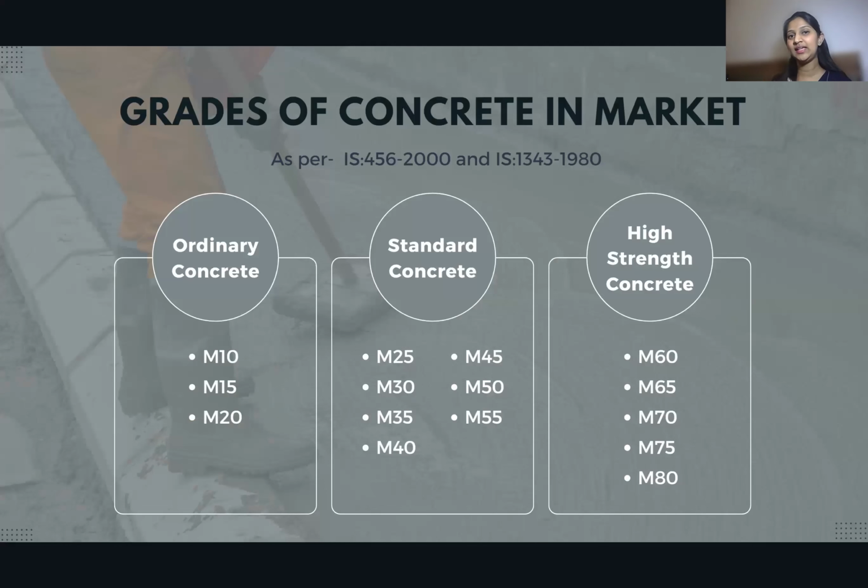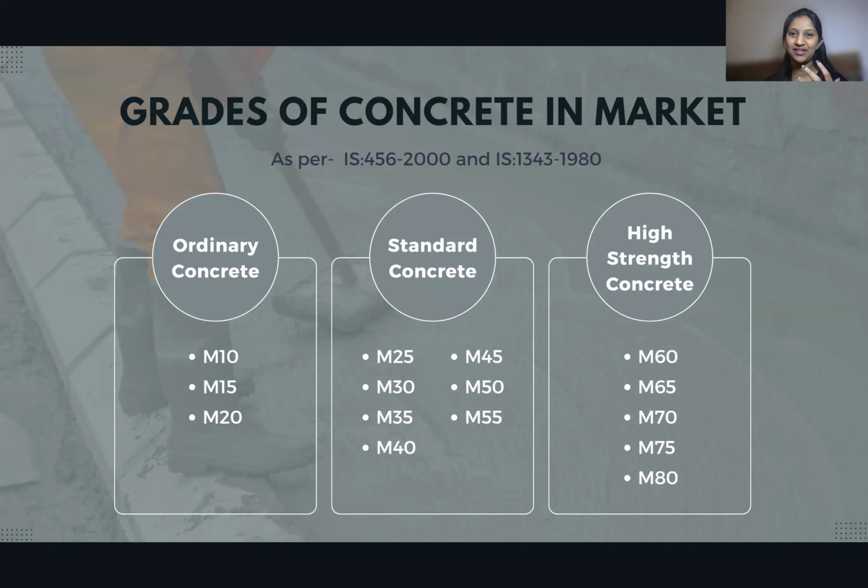So currently in the Indian market, we have all of these mentioned grades over here, starting from M10 till M80. How it has been bifurcated is, like you're seeing over here, into three major segments. Firstly, it is for ordinary concrete, where we have lesser compressive strengths.